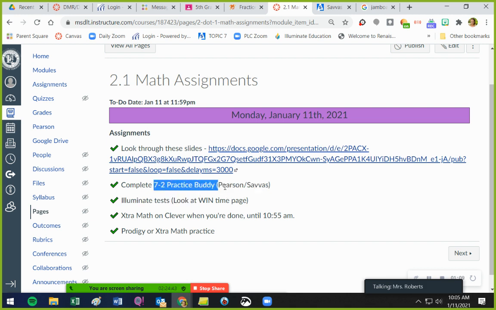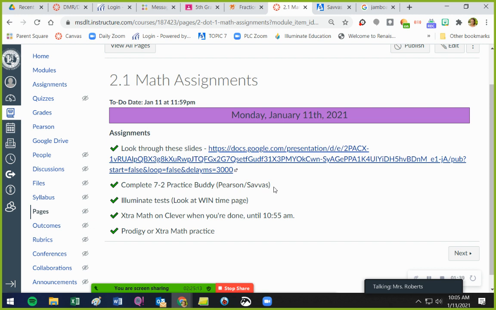When we get through the lesson, you're going to work on 7-2 practice buddy. I think there's like 13 questions. Then if you're not done with Illuminate, you're going to use math time to work on that. And when you're done with that, I really like you working on Prodigy because the assignment that I assigned deals with what we're dealing with right now in math, the fractions.